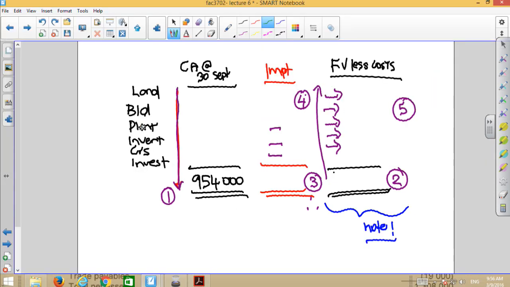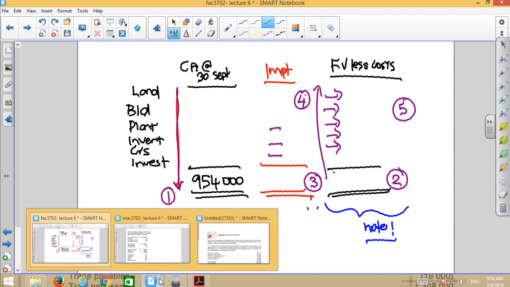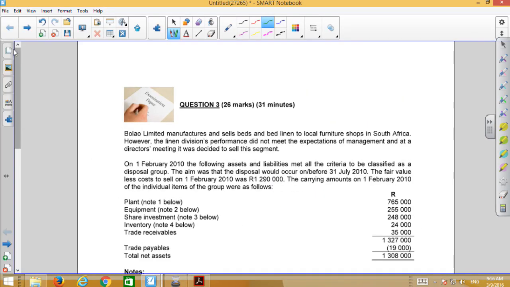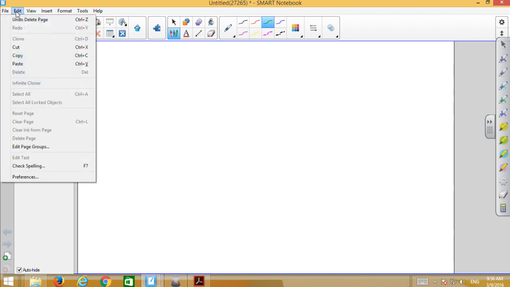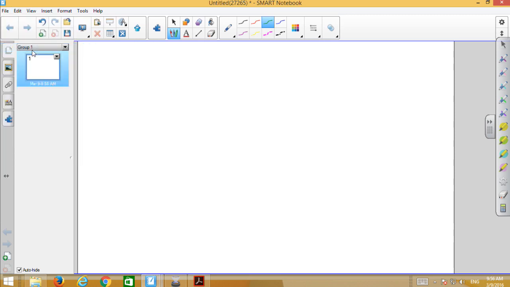Okay, I just want to move these ones. You can see that this is quite an old past paper. What year was it? 2010. October or? It was May. Does it not say there at the top?